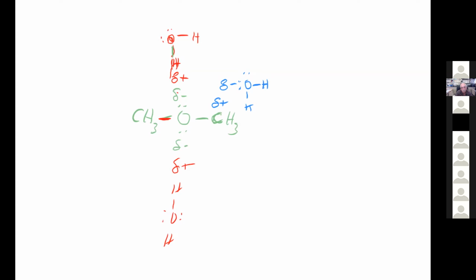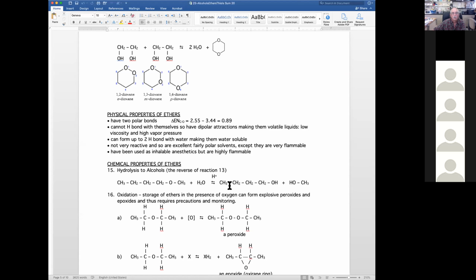And what did we say about a dipole attraction versus a hydrogen bond? Hydrogen bonds are stronger. So what we're always talking about is what is the strongest attractive force between two things. Okay.